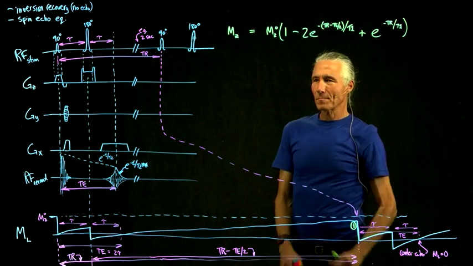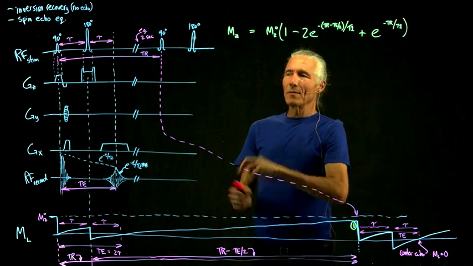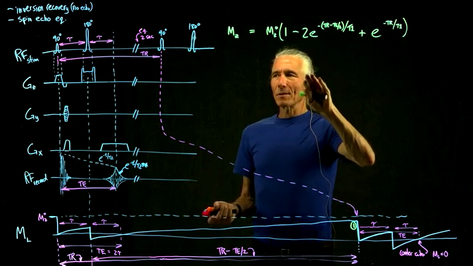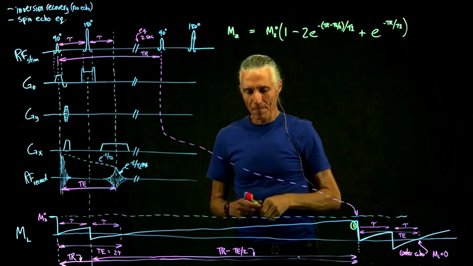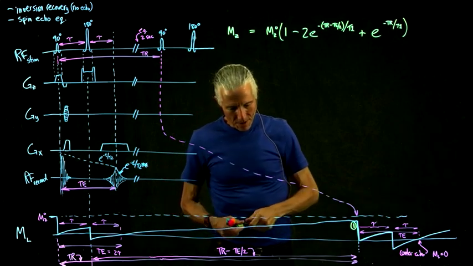And so to derive that, you just have to do like what I did on the inversion recovery one. Just list the equations in the order that you use to figure that one out. It's not too hard. It's got about 5 or 6 steps.